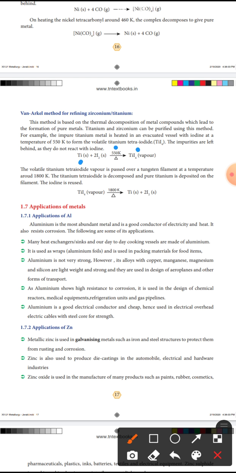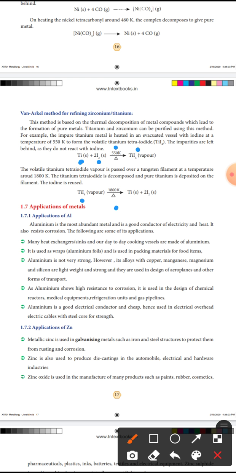The impure titanium is taken and reacted with iodine, so the impurities are left behind. Only the pure titanium reacts with iodine, and the volatile titanium tetraiodide is evaporated. The volatile titanium tetraiodide vapor is passed over a tungsten filament at a temperature of around 1800 Kelvin.